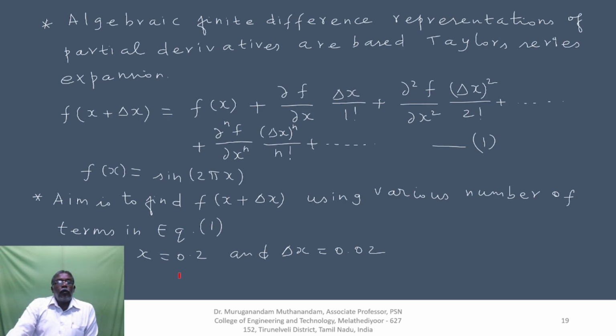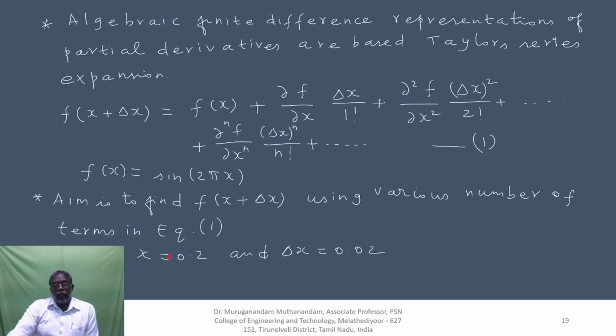Let x be equal to 0.2. That is the value at which we evaluate the function f. It can be obtained from the equation by substituting x equal to 0.2, and let us take delta x as 0.02, the differential distance from the location x equal to 0.2.